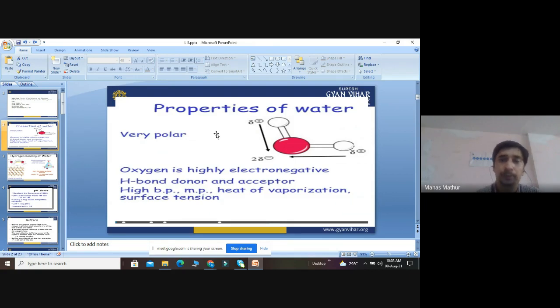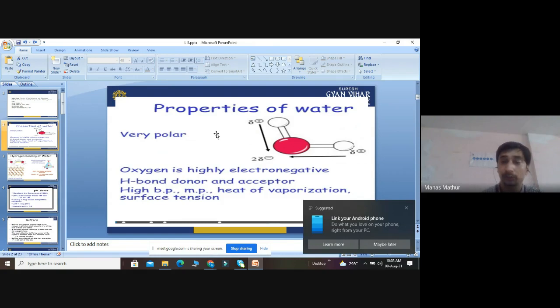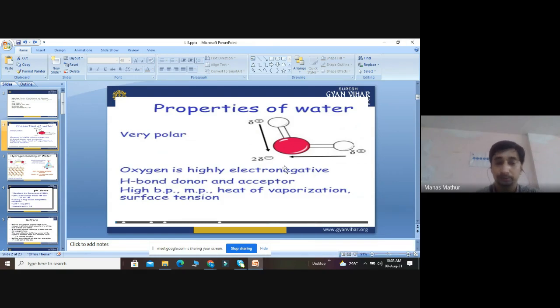Okay, so we will first understand a little bit of chemistry about the bonding of water. The chemical formula of water is H2O. Since it contains hydrogen, the chemical bond is basically the hydrogen bond. In that, since there are two kinds of atoms, oxygen is highly electronegative.